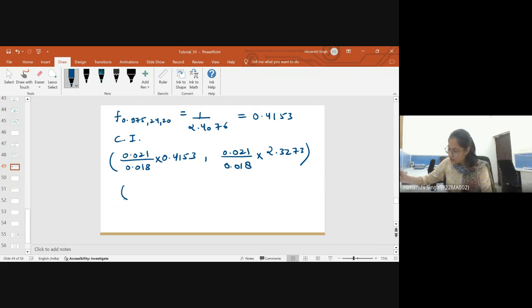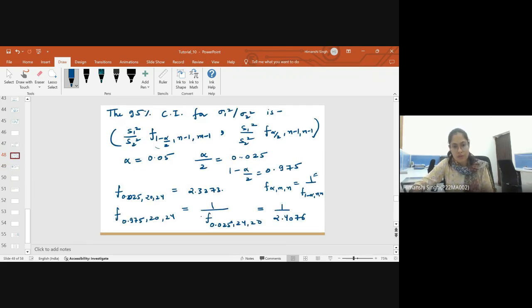So the confidence interval we get is 0.484 comma 2.715. The main point here was how to calculate these F values if only one table is available. I hope this is clear.